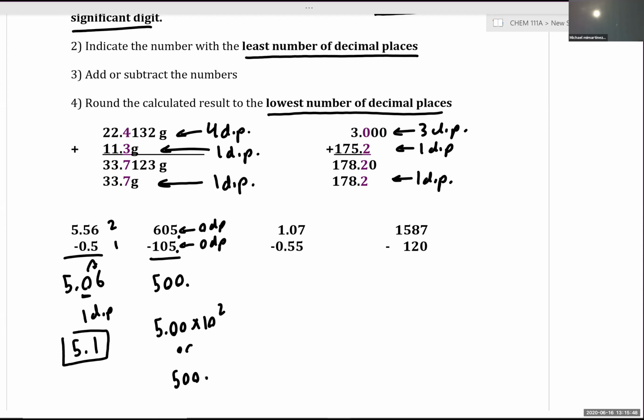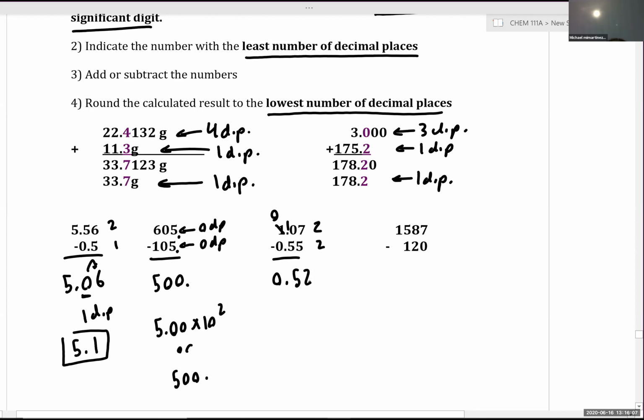So let's do another example here. So in this case, we have two numbers, each of them with 2 decimal places. So when we subtract, we in turn get 0.52.